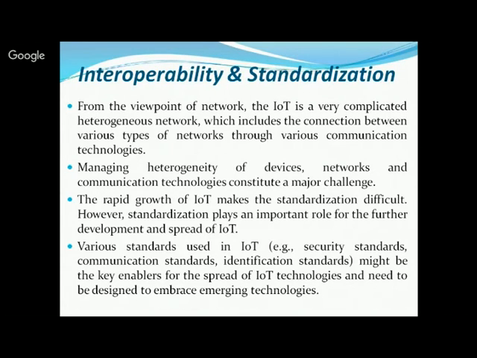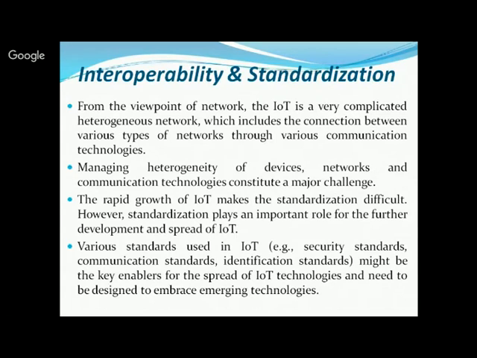So basically IoT is a very complicated heterogeneous network. So interoperability between the devices on the internet is a challenging task. So standardization is very important, though some standards are already there, like 6LoWPAN.